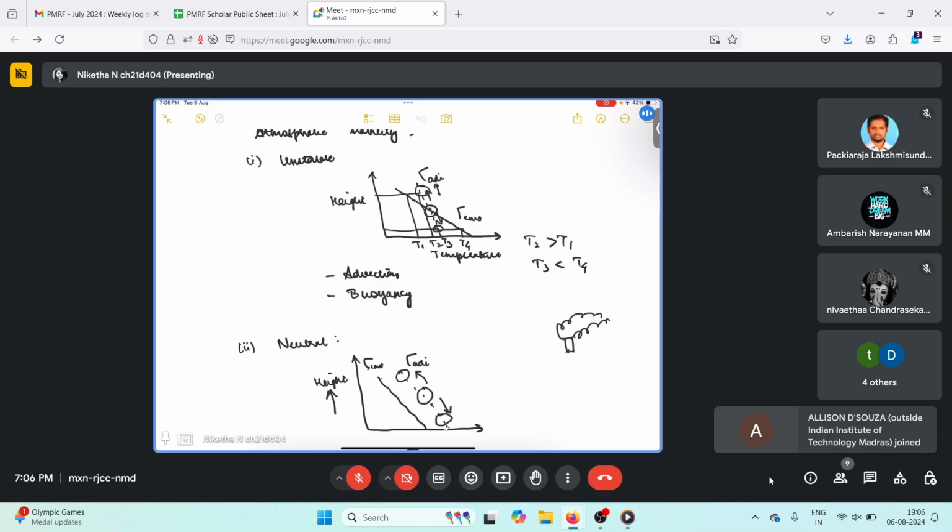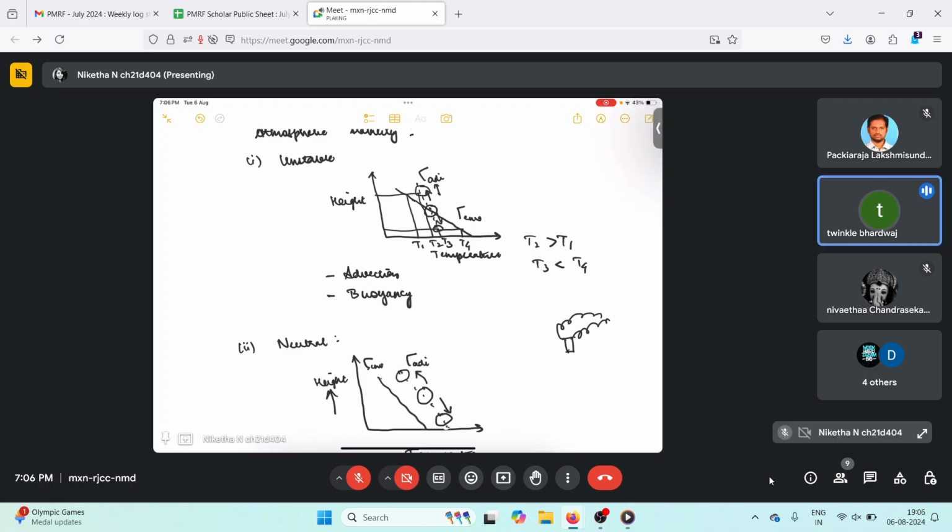Is my question clear? When it is moving up, yeah. Which condition is more favorable for that?